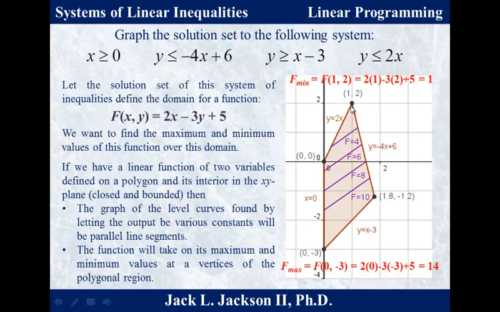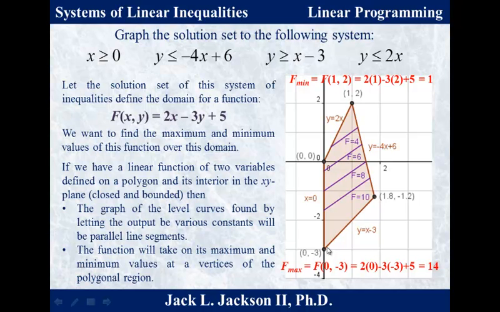Now, by the way, let me show you one thing that could possibly happen. What if this bottom curve was actually parallel to that? Then there would be one of these level curves, one of these contours, that would be the same as this bottom line.